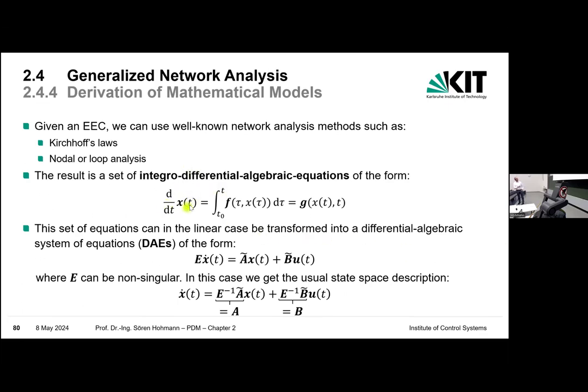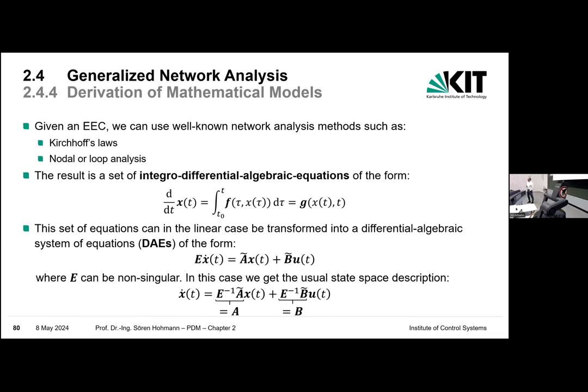It formulates a derivative of some of the variables here, some integrations, and some equations are directly given, so the left-hand side is equal to zero. So you have a set of integral equations, some differential equations, some algebraic relations, all grouped together in one super vector.